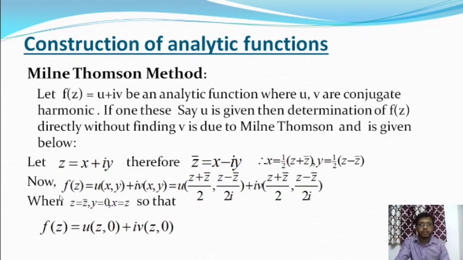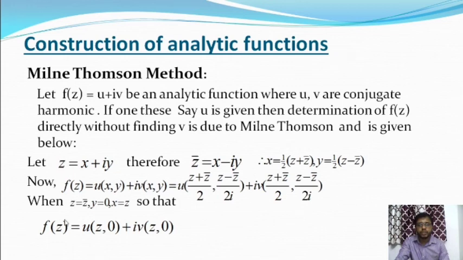Now we are looking to find the function f of z, where f of z is equal to u of x comma y plus i into v of x comma y. If we put in these values of x and y, we get the expression in terms of z and z bar: f of z is u of (z plus z bar)/2 comma (z minus z bar)/2i, plus i into v of the same arguments.